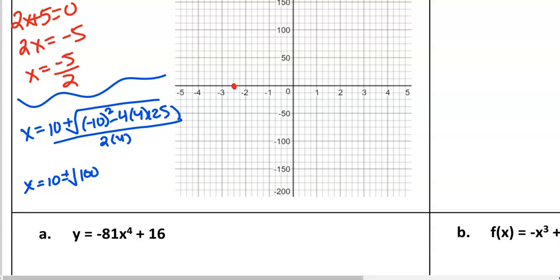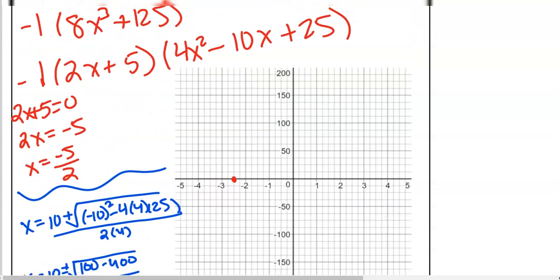What is negative 4 times 4? Negative 16. And then what's negative 16 times 25? I believe it is 400. So negative 400. Uh-oh. What's 100 minus 400? Negative 300. Am I going to have any real roots over there? No, they're going to be imaginary roots. So the only place that this is crossing is at the point negative 2.5. That's the only place it's happening. Okay.